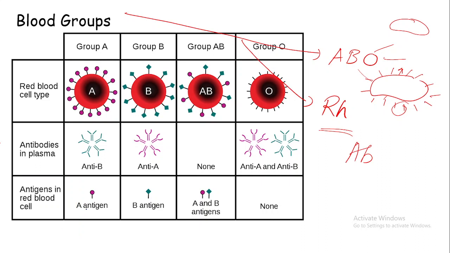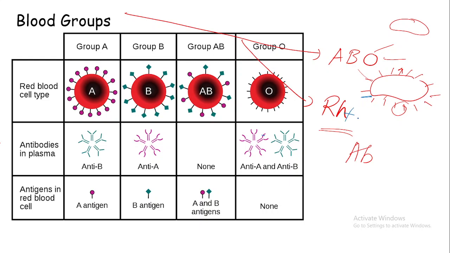This antigen was first discovered in the rhesus monkeys, and it is also seen in humans. That gives us an evolutionary relationship, that there is some trace of humans derived from the rhesus monkeys. So if this RH factor or RH antigen is present on the RBC, then an individual is said to be RH positive.